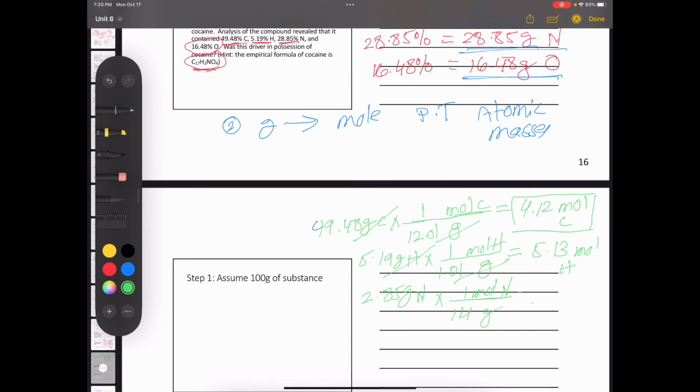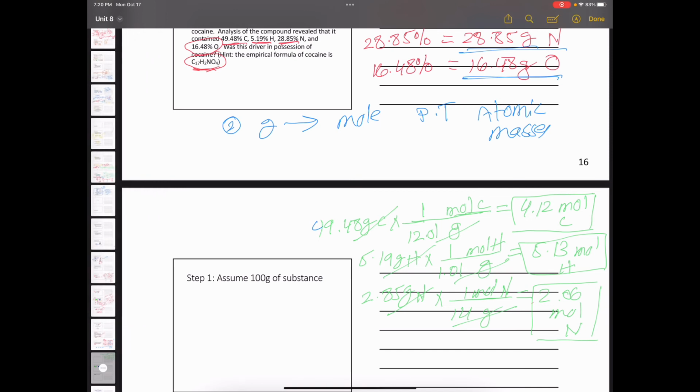Okay? Grams cancel out with grams. And then my number of moles of nitrogen is going to be 2.06 moles of nitrogen. I'm going to put this one in a box.